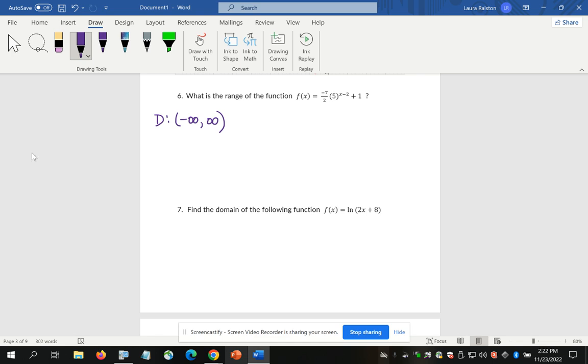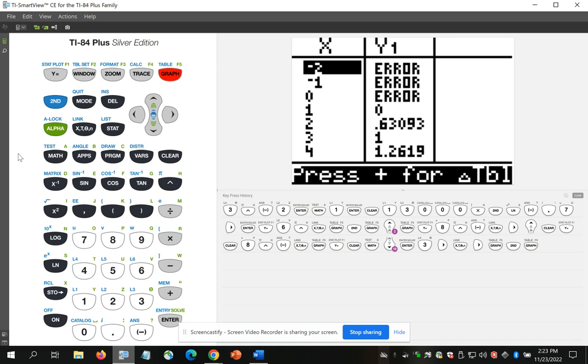The range for any exponential function is going to vary depending upon the function. The easiest way to do this, guys, is to create the graph. So put this particular function in your calculator and create the graph. So I'm going to do that.